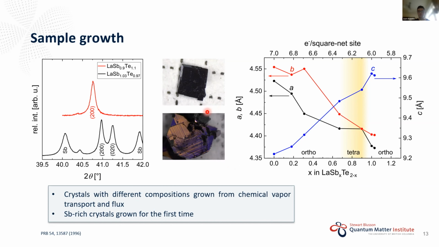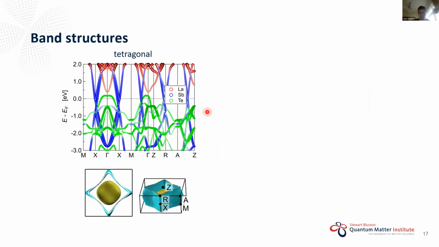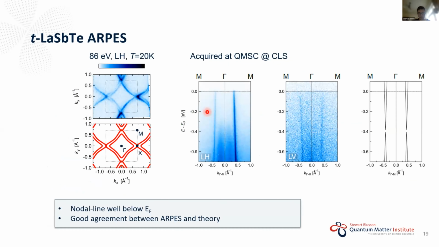There are some surface states that we see. It's not really obvious from the Fermi surface, and I don't have the cuts here that show this, but right at the X point, there's a surface state that we can probe with the ARPES. It's just that we do not focus on that. All these bands that I'm showing here are representative of the bulk.